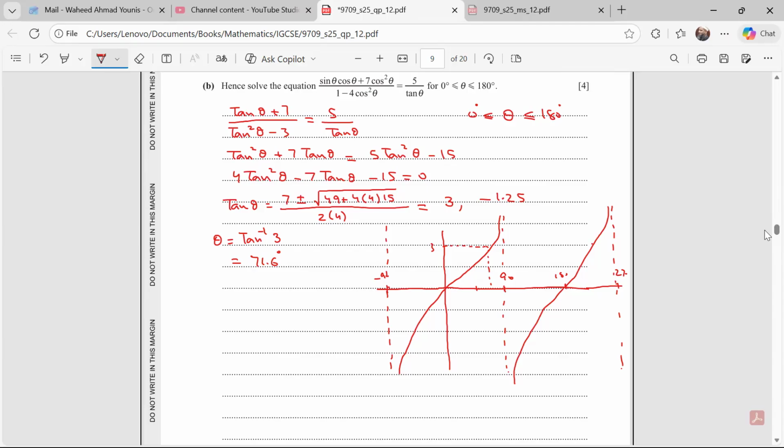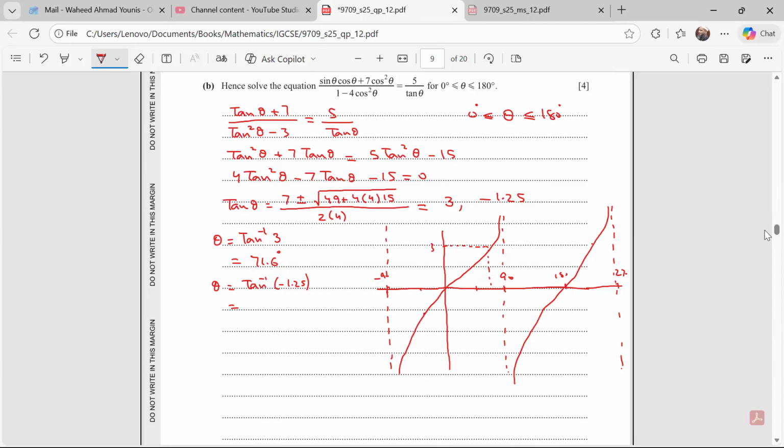Now the second value is theta equals tangent inverse of minus 1.25. This gives me an answer of negative 51.34. Negative 51 is somewhere here, but it is not in my range. My range is from 0 to 180.